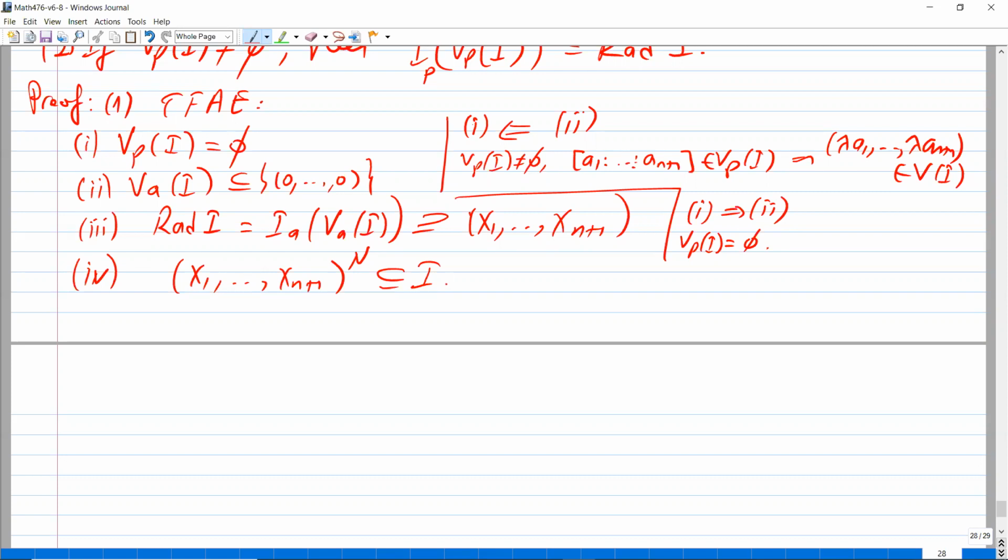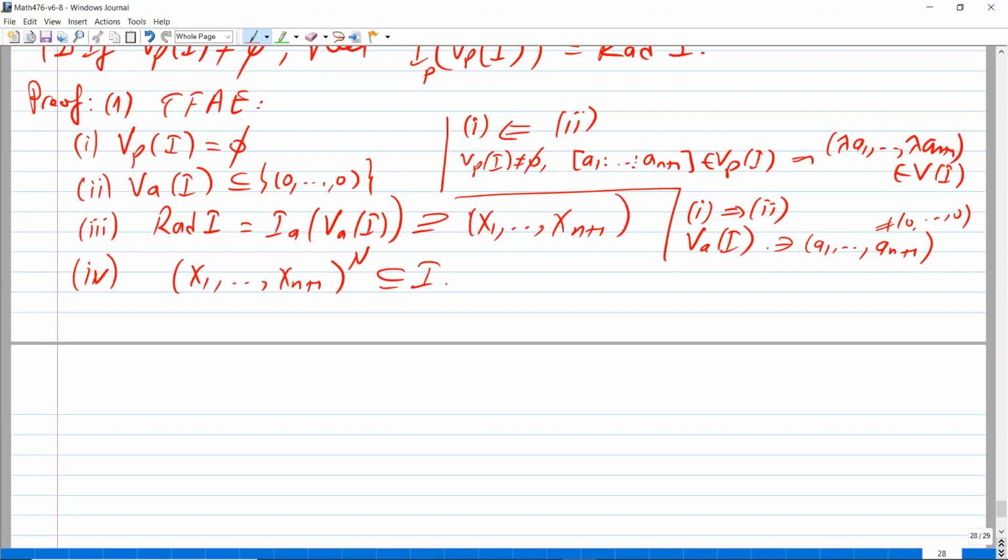If VP, if that's empty set, the reason is that if VA, say I, contains some point other than 0, 0, then in A^(n+1), if it contains another point, then this is not 0, 0.